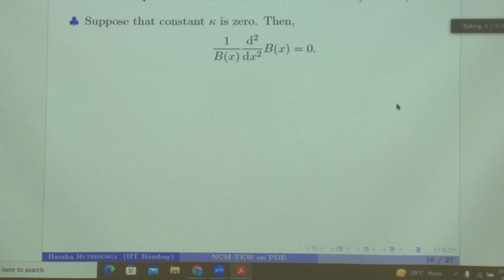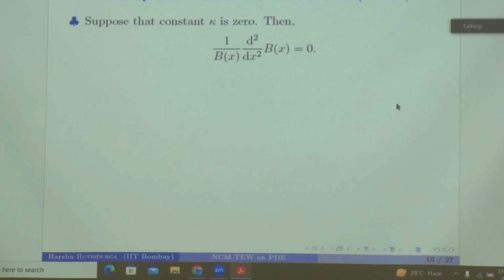Now, b of x should have this particular structure, but b also satisfies the boundary condition that b of 0 is 0 and b of L is also 0. When I take b of 0 equal to 0, that forces d to be 0. And when I take b of L to be 0, that forces c to be 0. So essentially you get a 0 function, and you are trying to avoid trivial functions.